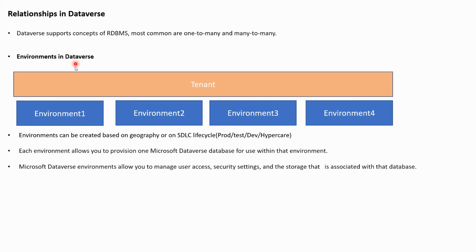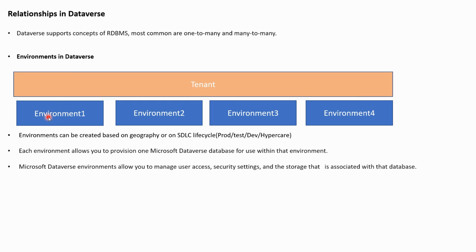Coming to the different environments. Here you can see this is our tenant. Once you log into Power Platform, that is one tenant. Under that tenant, you can create different environments. These environments can be based on your requirement. It can be based on geography, like you can have one for US, one for Canada, India, or anywhere. Or you can also have them based on your SDLC life cycle or anything you can think of.